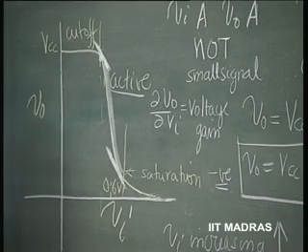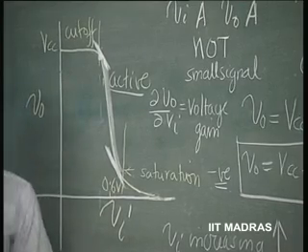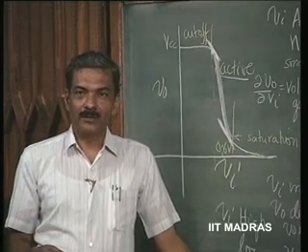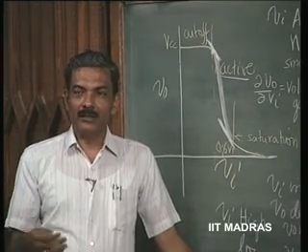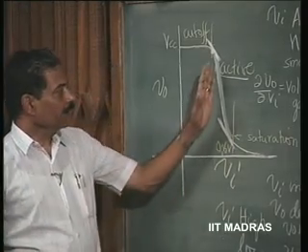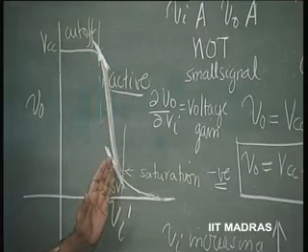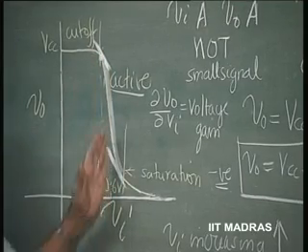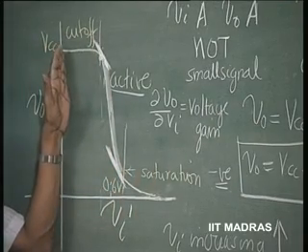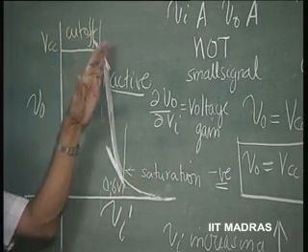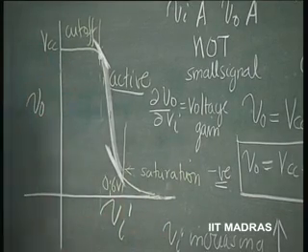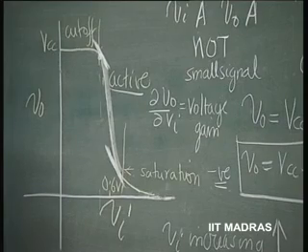In digital system design, you can discuss this as noise margin for digital 1 or digital 0. If the output lies anywhere in this region, we are not sure whether it is a 1 or a 0. Only when it is in this region or this region are we clear that it is either a 1 or a 0. So, this transition region is very important in digital inverters.